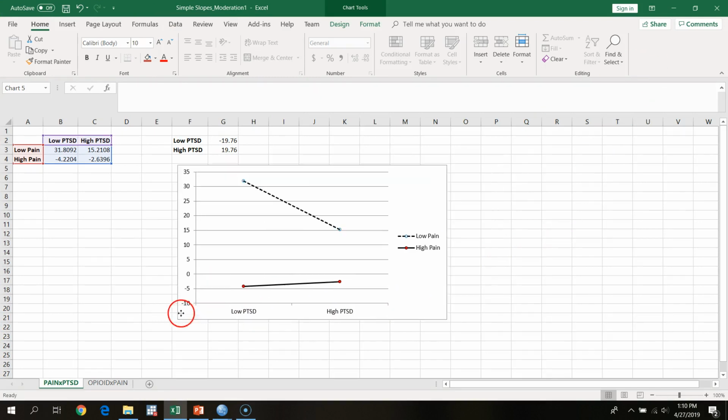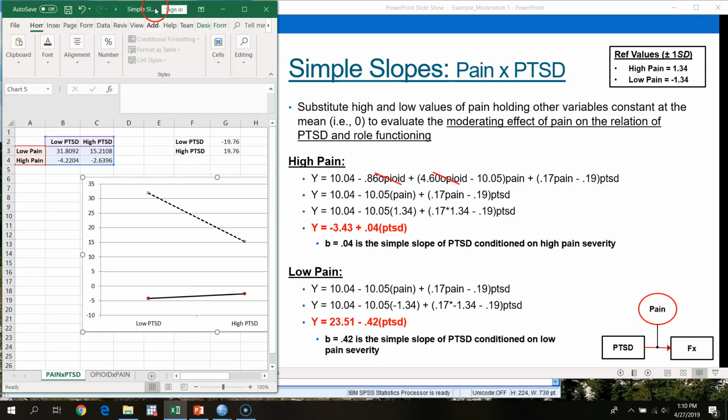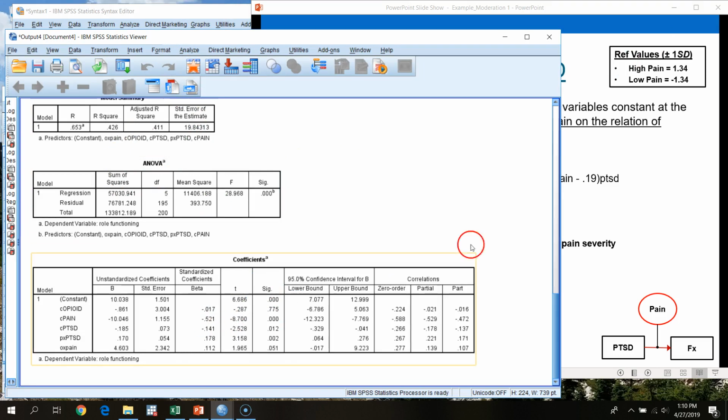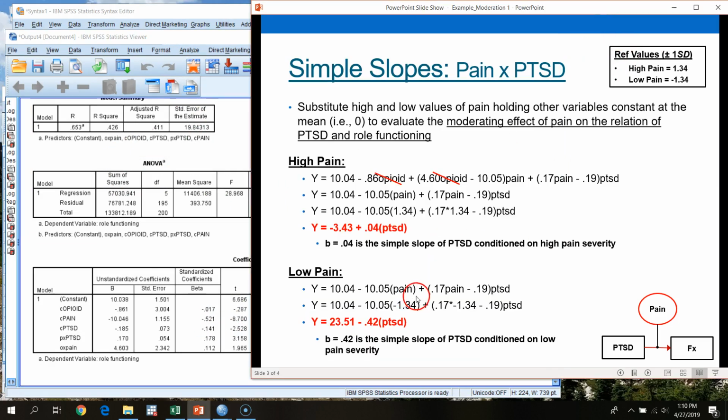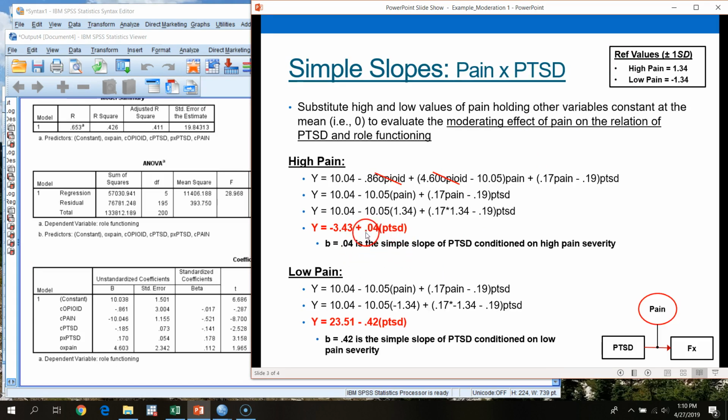Okay, so remember, all of this you can get from just your base model. But the one thing we can't get is whether this conditional effect of PTSD at high pain and low pain is statistically significant.